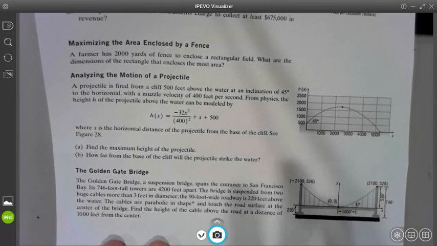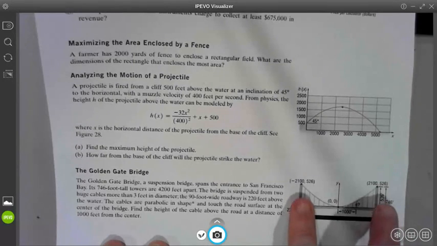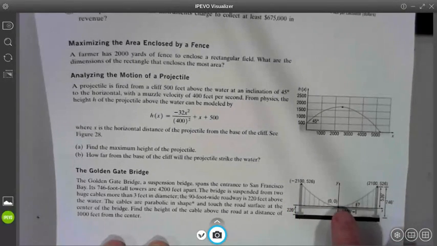All right, well, the towers are 4,200 feet apart, right? So since this is the center, if you cut 4,200 in half, that means 2,100 feet to the right is a tower and 2,100 feet to the left is a tower, all right?